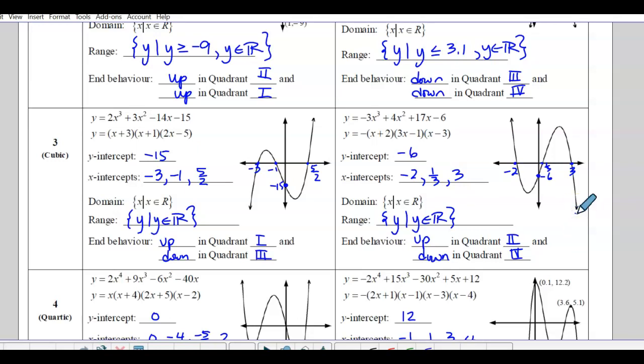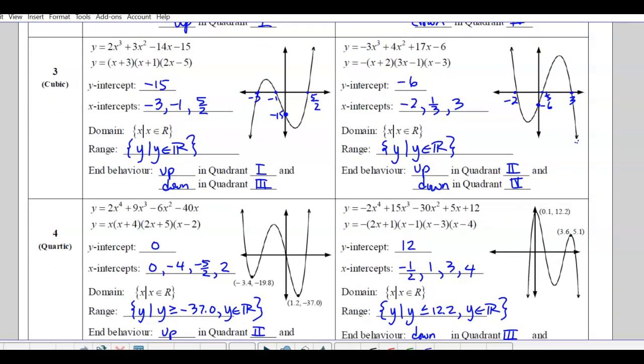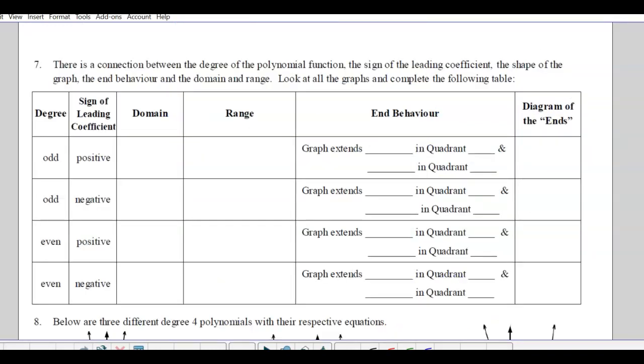Okay, so I always look to the end because a positive leading coefficient always ends in quadrant 1 going up. So positive leading coefficient up and to the right, negative leading coefficient down and to the right there. Whether it's degree 3, 4, 5, whatever. Okay, so there's a connection and let's look at it.